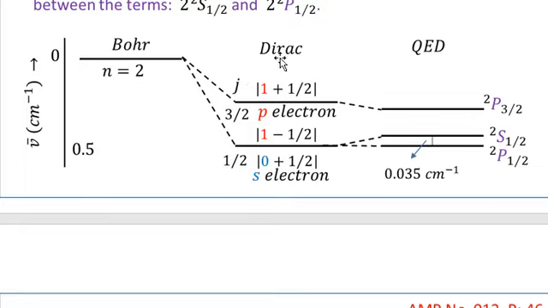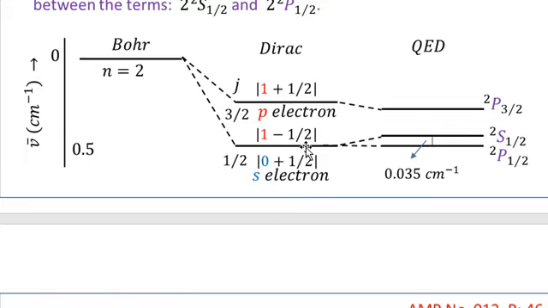So you see that according to the Dirac, the energy level of the p3/2 is greater than the energy of the p1/2. This level is p3/2. This level is p1/2.